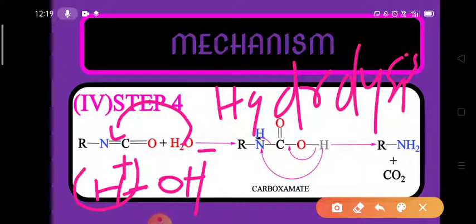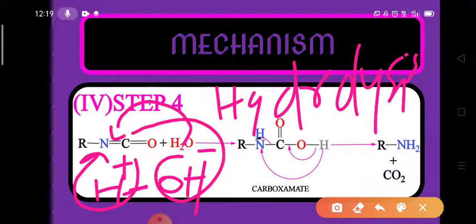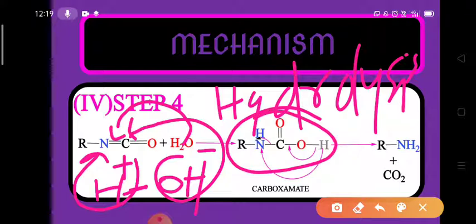As a result, H plus ion attacks on the nitrogen and OH minus ion attacks on the carbon. As a result, we get this intermediate. This intermediate is known as the carboxamate. Here, amine group is attached to the carboxylic acid. So that's why this intermediate is called as the carboxamate.